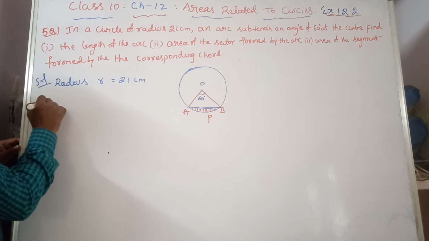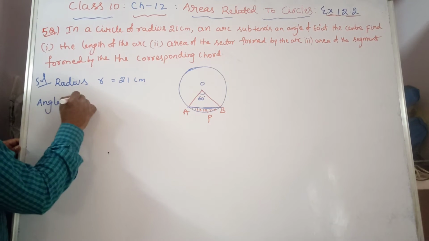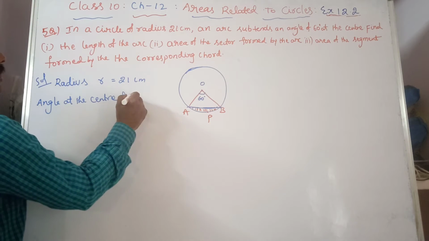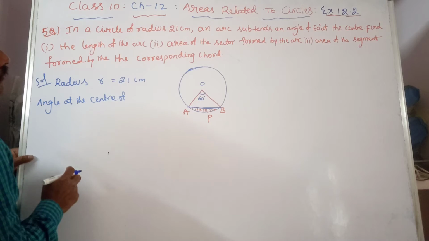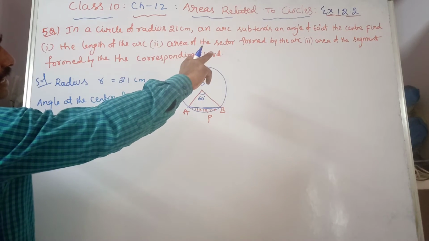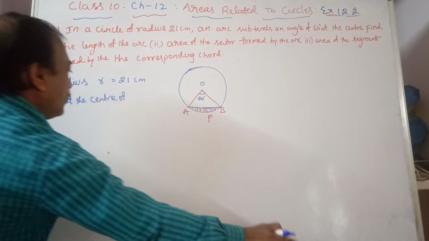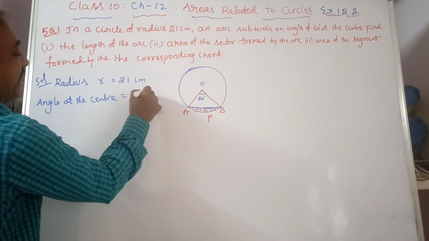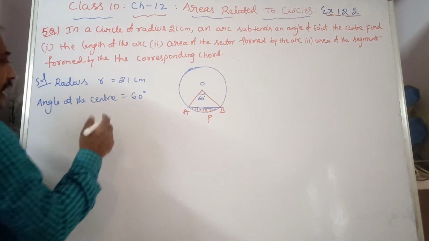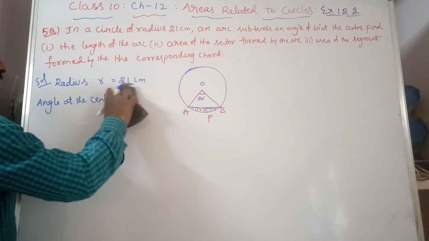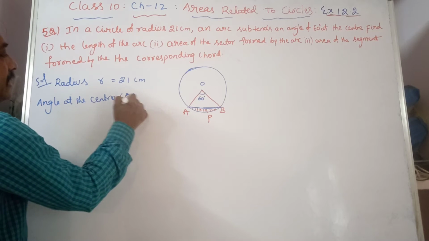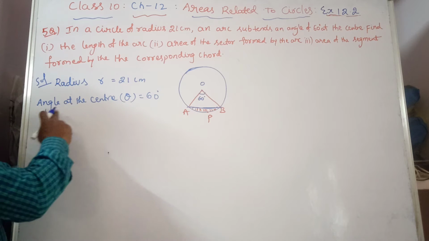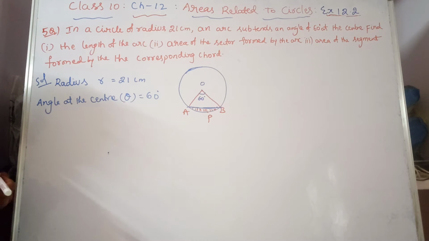Angle at the center, angle subtended is 60 degrees at the center, which is nothing but theta. 60 degrees we are using at the theta place. Next, radius we know, and angle at the center, that is 60 degrees, also we know.